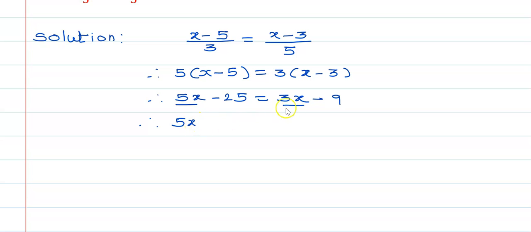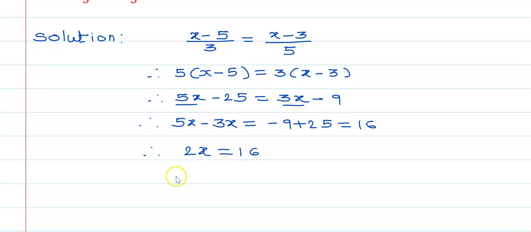That is 5x. When we transpose this 3x to the left hand side, it will become minus, and that's equal to. Transpose this minus 25 to the right hand side. As it has a minus sign, it will become plus 25. Minus 9 plus 25, here you will get 16. And therefore 5x minus 3x, you will get 2x, and that's equal to 16.